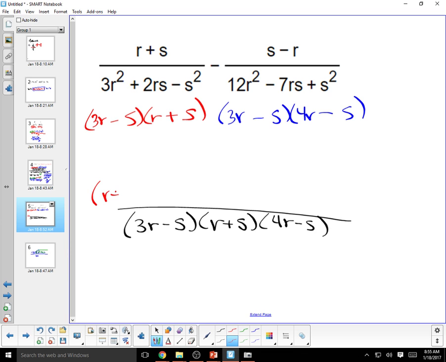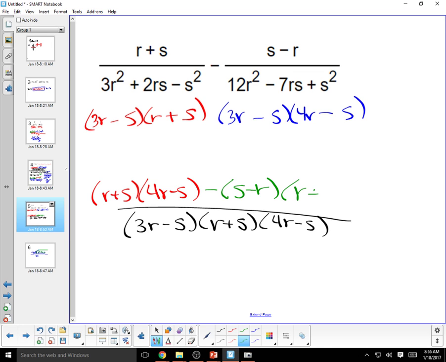Numerator is R plus S. Let's see, what was not there? The 4R minus S was not there, and we're taking away S minus R. Let's see, what was not there? The 3S. So the R plus S was not there, right?